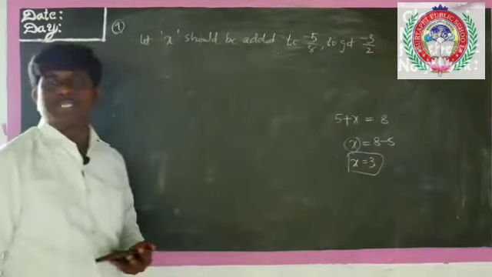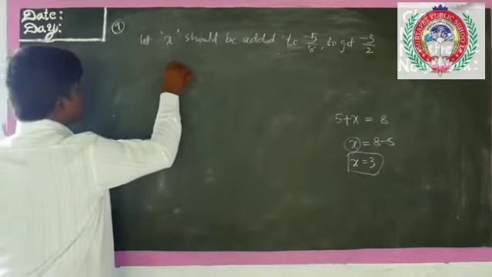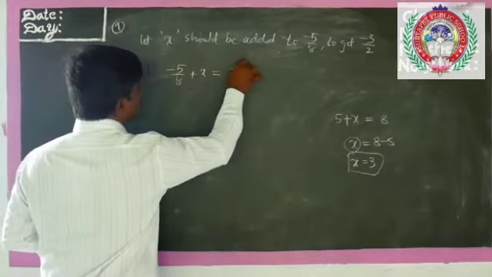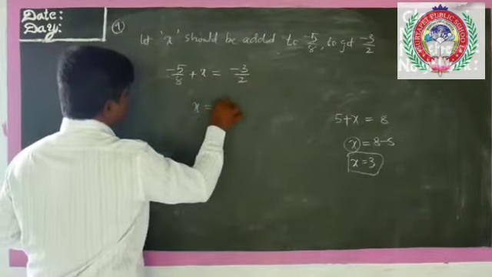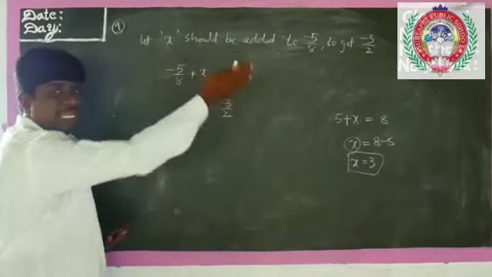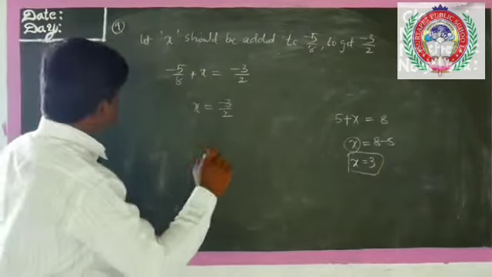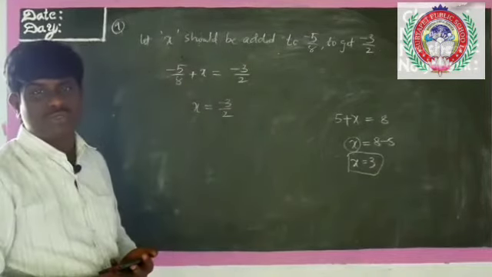Now let us express this in equation form. So if we add x to minus 5 by 8, we will get minus 3 by 2. Write x as it is and transpose this minus 5 by 8 to RHS. Be careful children. Some children use to write reciprocals when we transpose that to the other part.